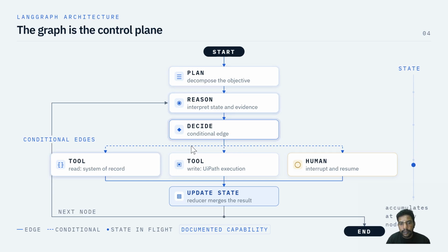Both are in hand, so decide picks the branch. The human node only fires when policy says a person must look at it. Here is the key message I want to give you: the developer owns the topology, the model only influences which path is taken.